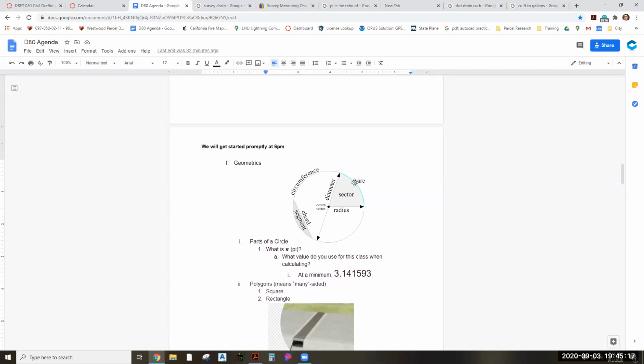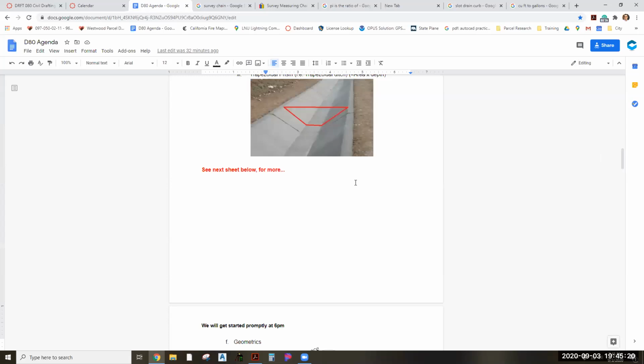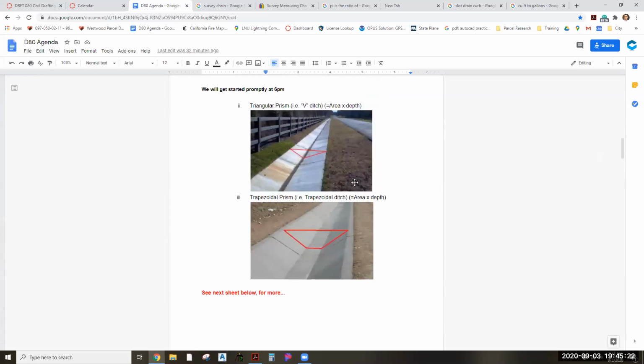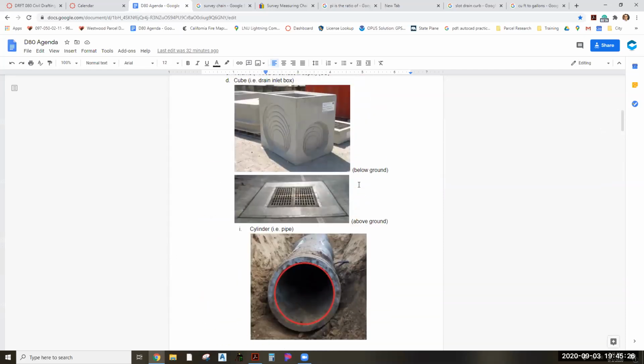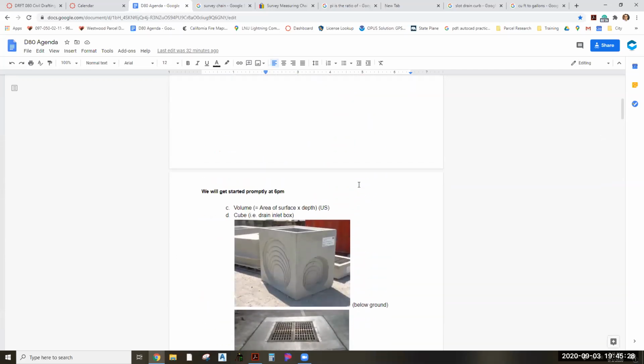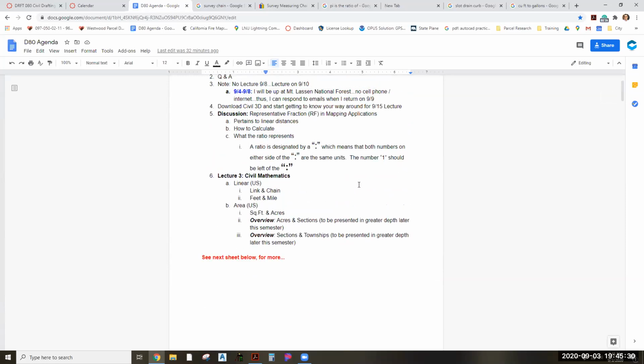We talked about circles. We talked about the different types of ditches, pipe, drainage inlet. We talked about representative fraction. And don't get all worked up about representative fraction. It's just have one on the left-hand side, colon, whatever that equals, okay?